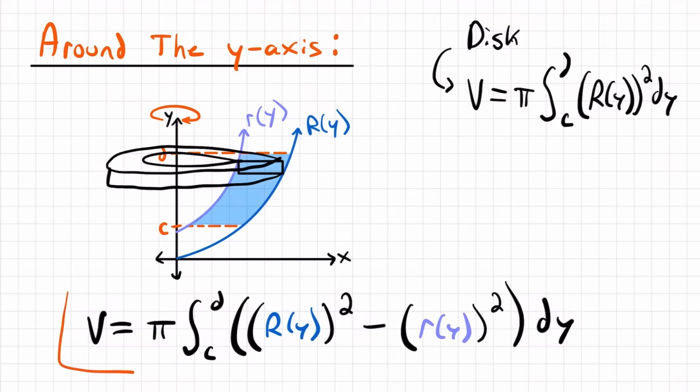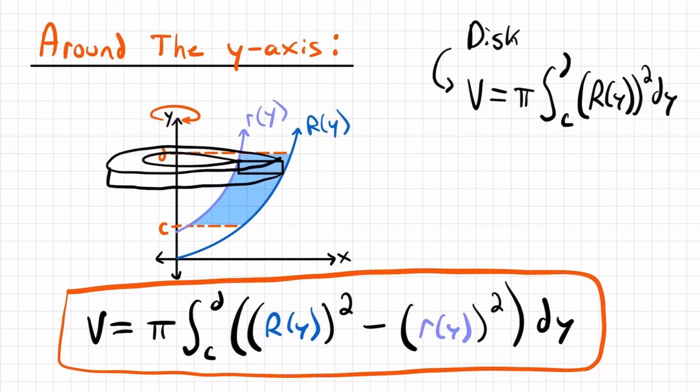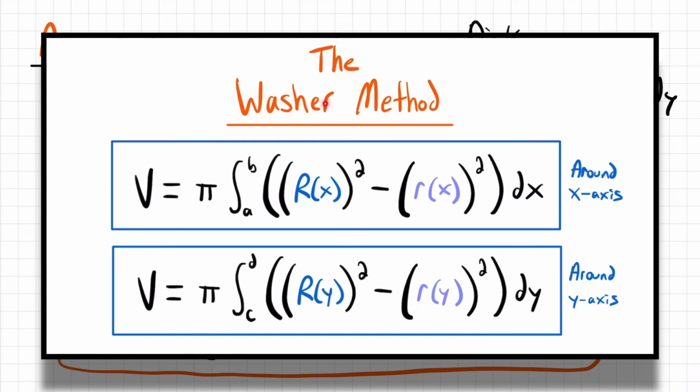All right, and so that is the washer method when you are revolving around the y-axis or a vertical axis of revolution. All right, and so in summary, here's the washer method. We have our definite integral for when our solid is formed by revolving a region around the x-axis or a horizontal axis of revolution.